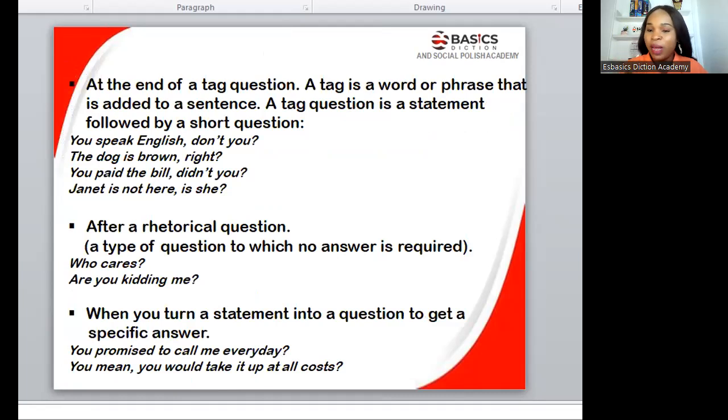Use a question mark at the end of a tag question. A tag is a word or phrase that is added to a sentence. A tag question is a statement followed by a short question. Look at this.